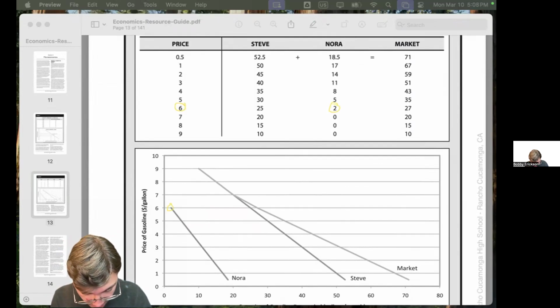And then Steve is at 25. So we add these and we get 27. Notice how they're added horizontally. They aren't added vertically. So we don't go from here and get up to some point way up here. That's not how they are added. They are added horizontally.